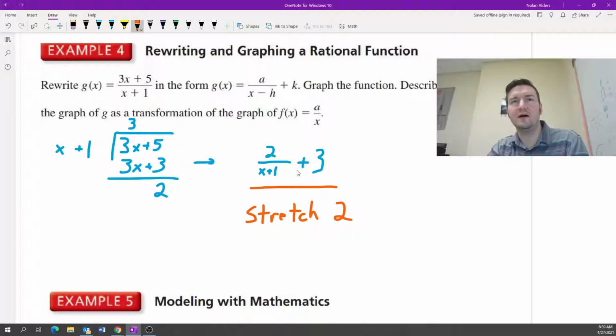We're also moving up 3 because we have a plus 3 on the end. So we're going up 3. And then we also are moving left 1 because we have a plus 1 right in there next to the x. So we have a left 1. All right, so stretch 2, up 3, and left 1.